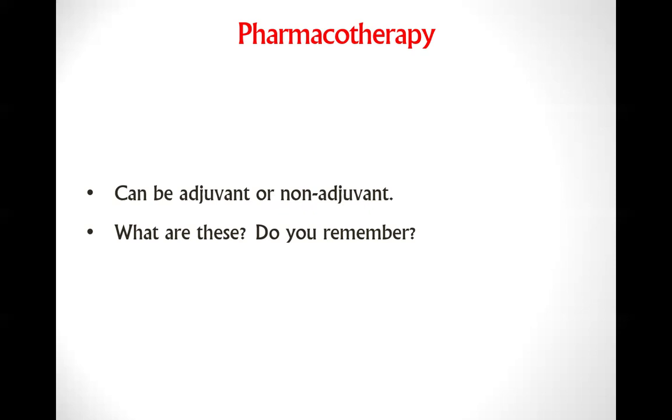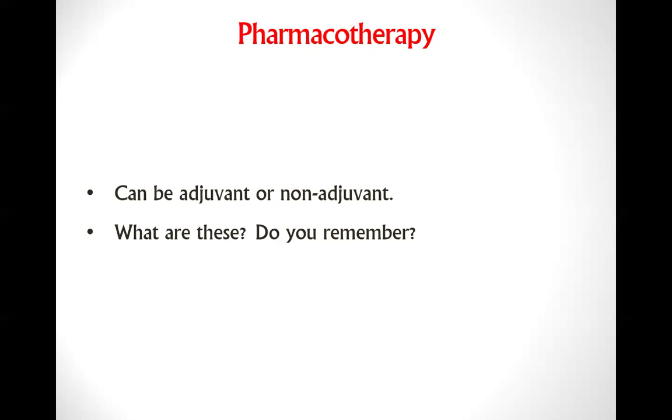Neoadjuvant is when the tumor is of good size and the surgery may be difficult, or you want the incision to be smaller. So the objective now is to shrink the size of the tumor as much as possible so that after the treatment, the surgery performed is as small as possible. In the case of breast, it becomes very important because the breast is a very important issue for females, isn't it?